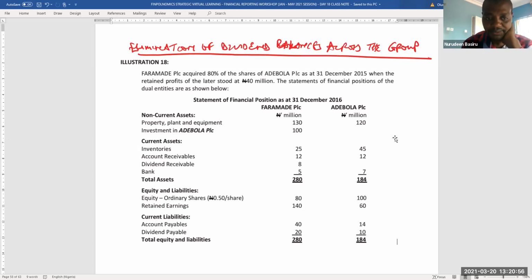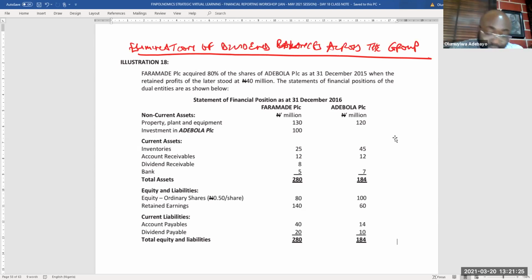Current liabilities, accounts payables, 40 million for Paramade PLC and 14 million for Adebayo PLC. Dividend payable, 20 million for Paramade PLC and 10 million for Adebayo PLC. Total equity and liabilities, 280 and 184.